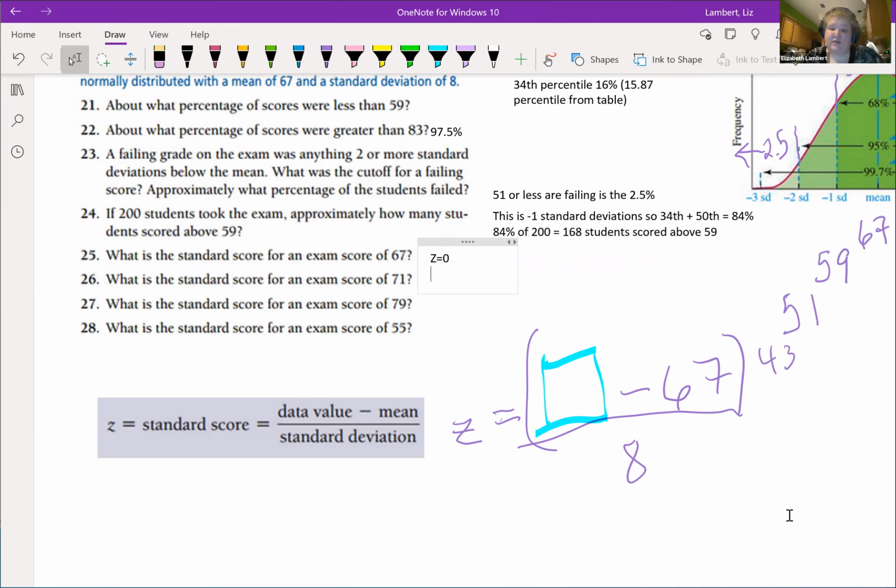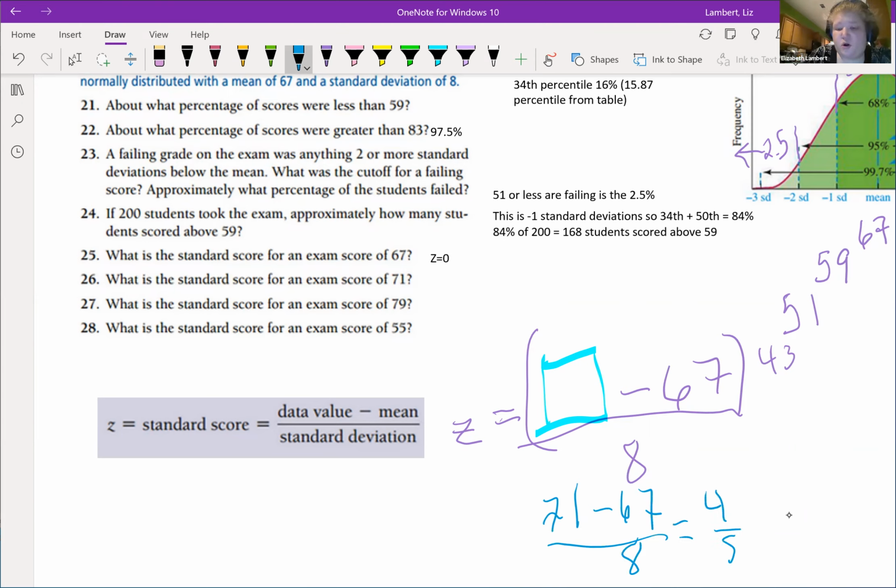Now for the 71. 71 minus 67 is 4. 4 over 8 is 1/2 or 0.5. We write z-scores as decimals, not as fractions. So this one is 0.5. So it's 1/2 a standard deviation above the mean.